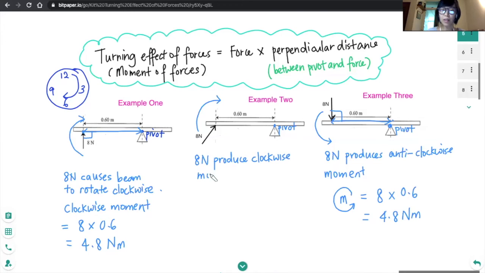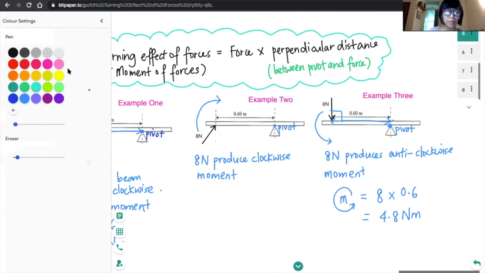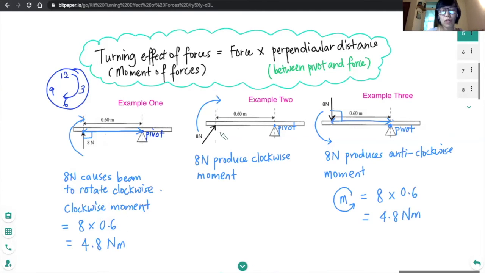However, what's the effect if your 8 Newton isn't exactly vertical? To find out the perpendicular distance, as you can see from this diagram, your perpendicular distance is no longer 0.6 because this is no longer a right angle. So perpendicular distance is not 0.6 for sure. What I would usually do is to extend the direction of the force. I will just add it in with a dotted line. Along this line, this is what we call the line of action.